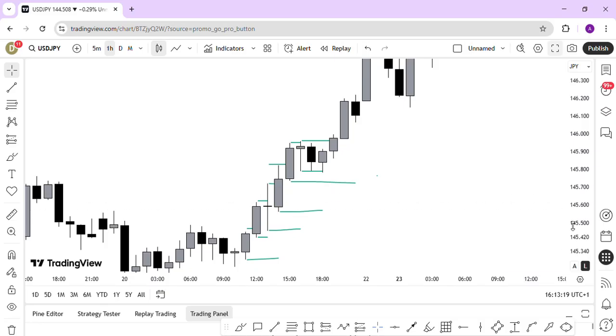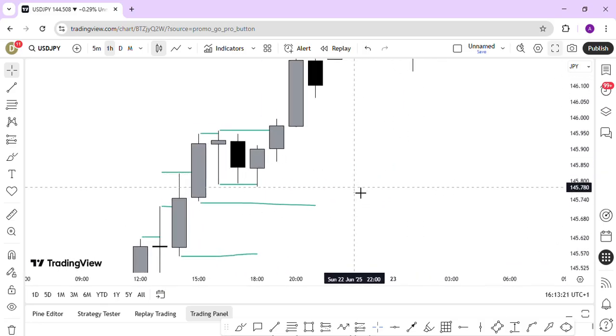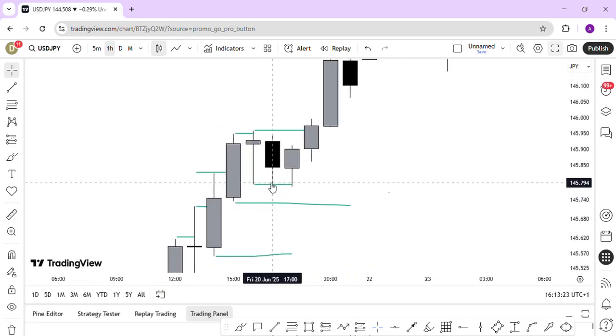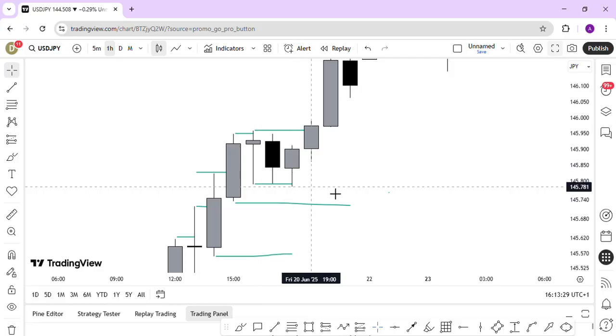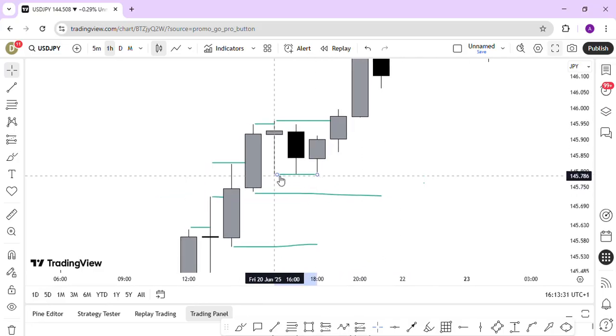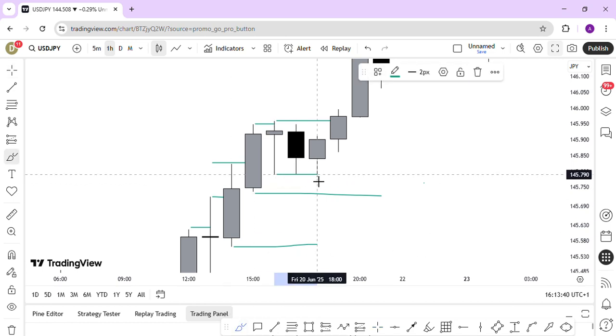So if you are seeing it clearly, let me expand it. You can see that this is the candle we are talking about. Let me remark it. This is the low of the candle that we are talking about. Why are we picking this low?